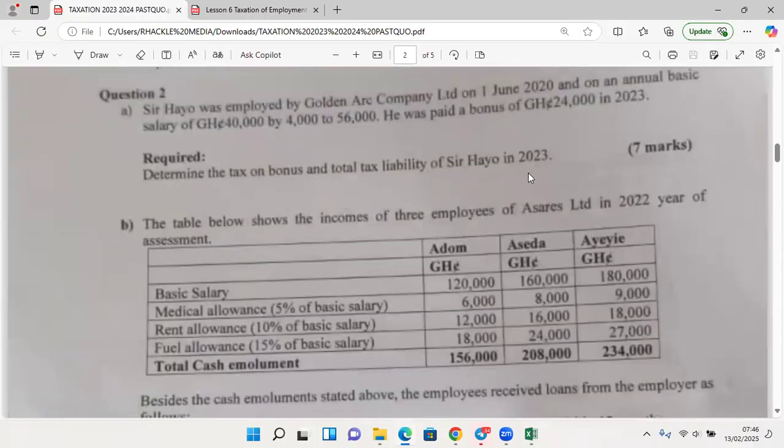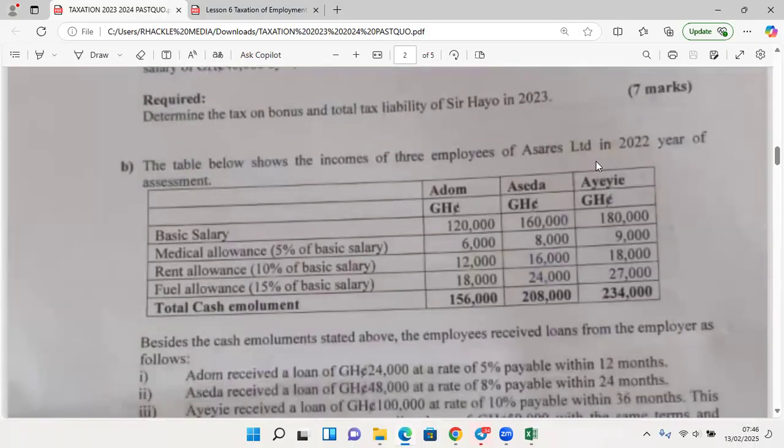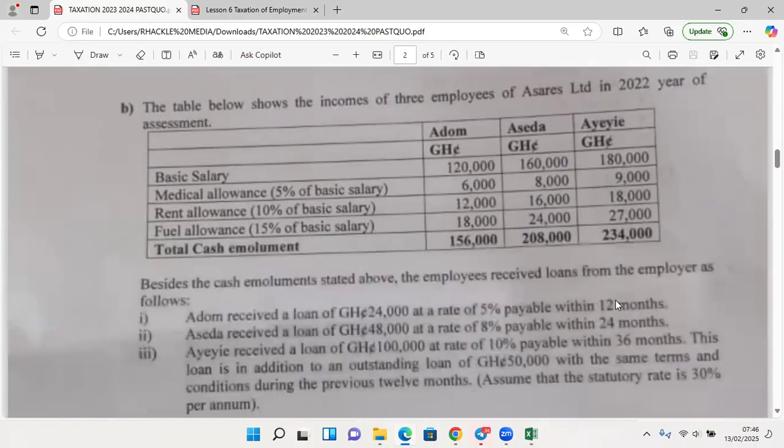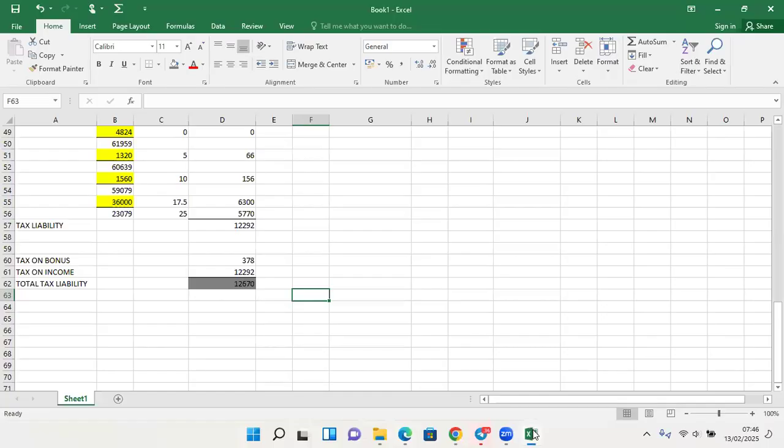So we determine the total tax liability. You can write, therefore, the total tax for the 2023 year of assessment is 112,770.